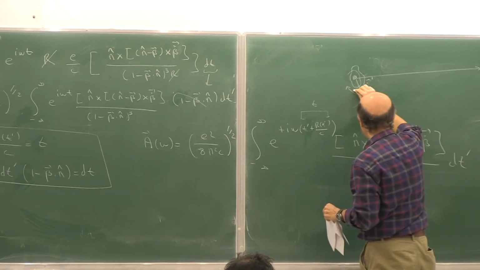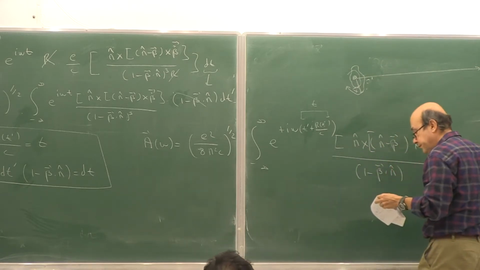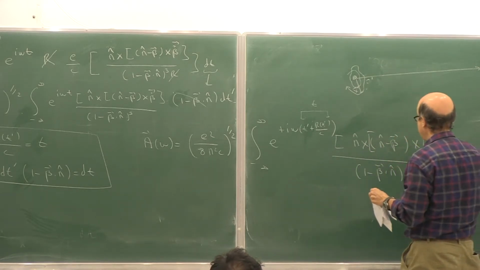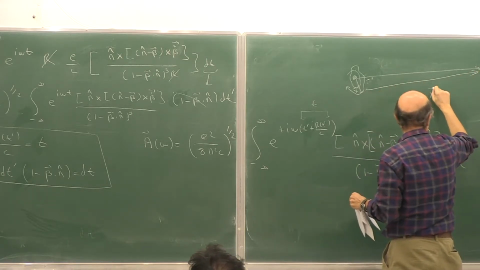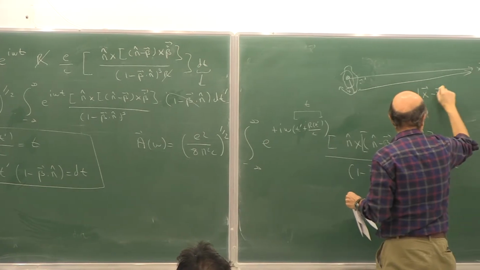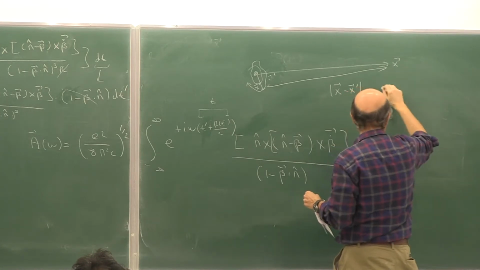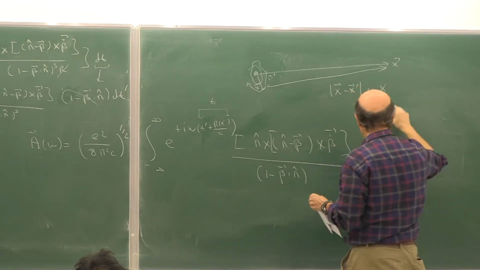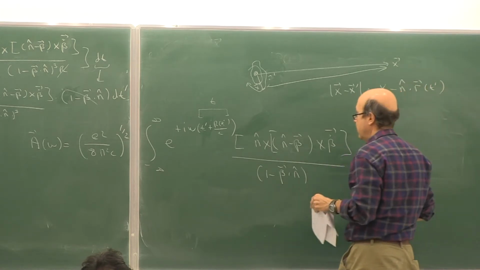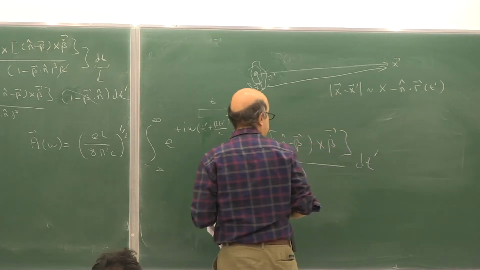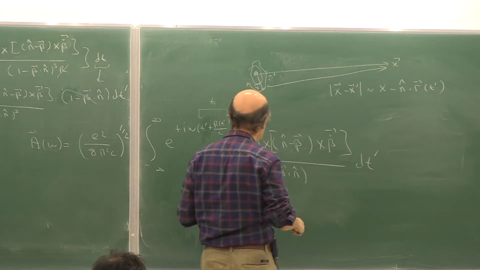Then x minus x prime is this vector, and the magnitude of this vector is approximately x magnitude minus n dot r of t prime.